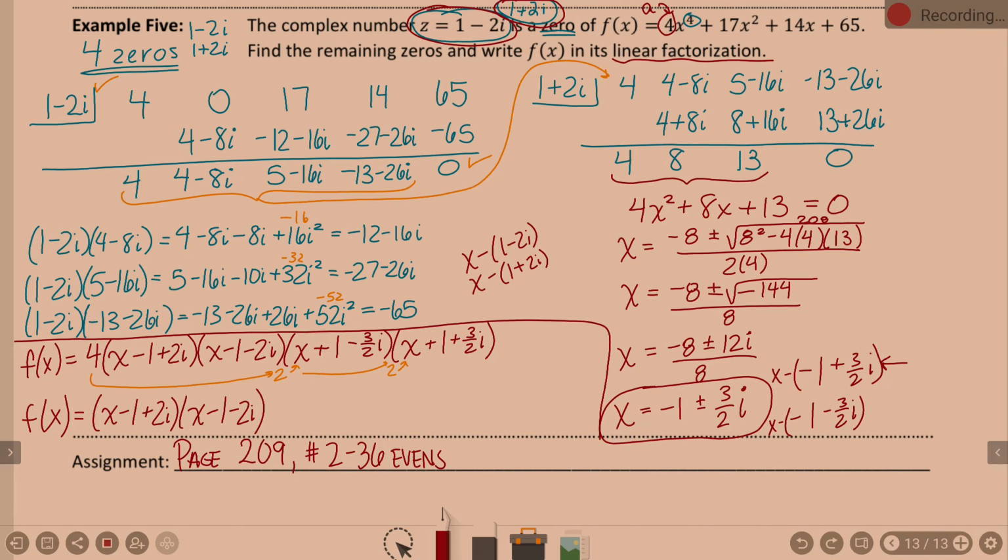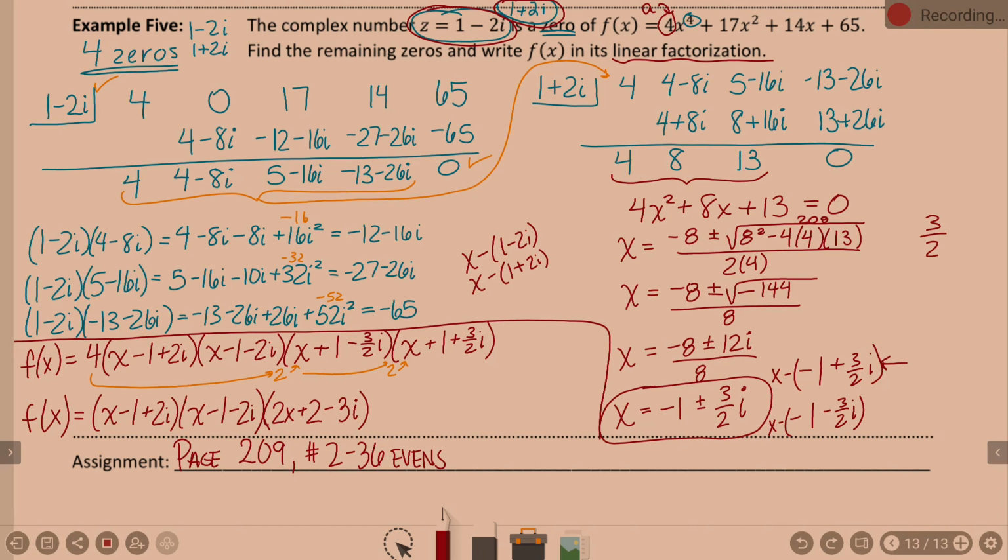Now, this parenthesis that has a 2, I'm not multiplying just the fraction by 2, am I? You have to multiply the entire factor by 2. So this x plus 1 minus 3 halves i, multiply each of those terms by 2. So that's going to become 2x plus 2. My brain is doing 3 over 2 times 2.